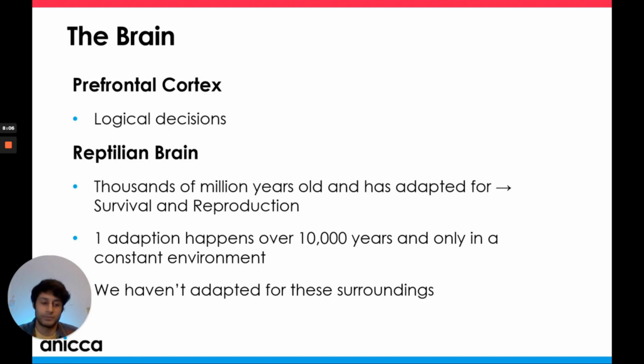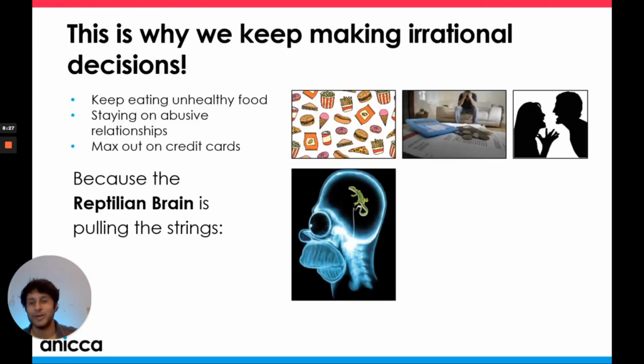And if somebody wants to adapt now, they'll have to be in that same environment generationally for 10,000 years for an adaptation to happen. So that's not going to happen.